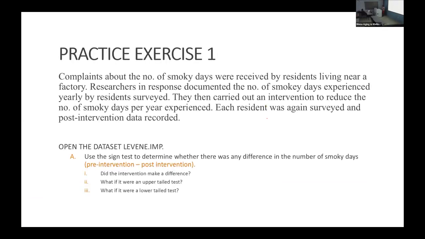All right. So we're gonna go to the Levine's database. This is an example we've met before, where we're looking at the number of smoky days before and after a certain intervention. So let's go to Levine and carry out a sign test on the Levine's data.